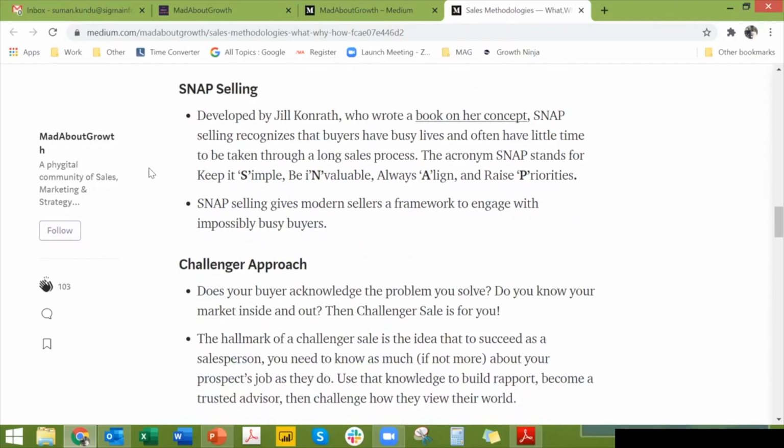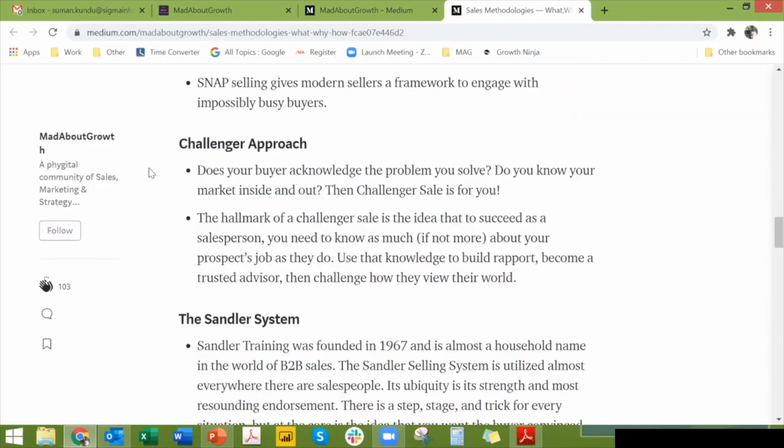The next in line is the Challenger approach. In a Challenger approach, it usually bifurcates the sales approach, or the salesperson persona, into multiple facets. One of the facets is a Challenger.